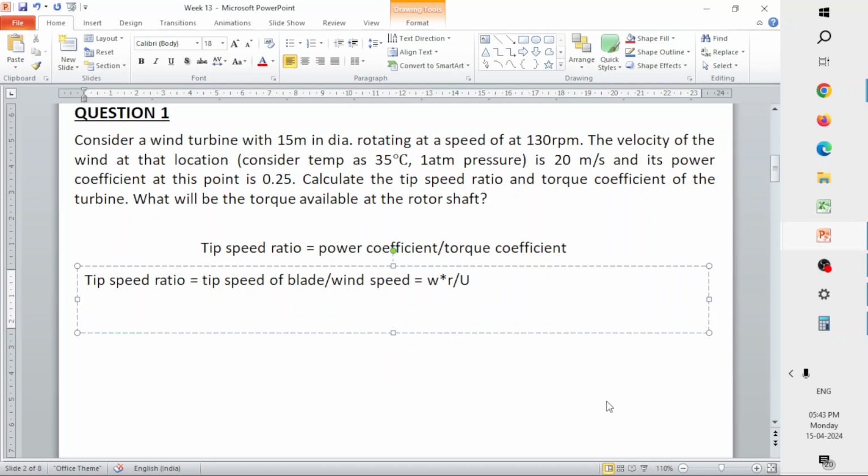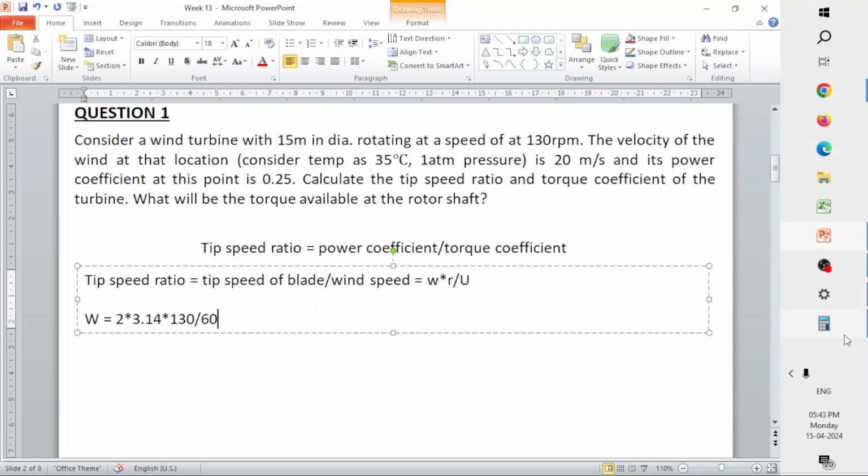As I said, omega is nothing but 2 times pi, 3.14, times the number of rotations, that will be 130 rotations per minute. The wind turbine is rotating at this speed, so 130 divided by 60.